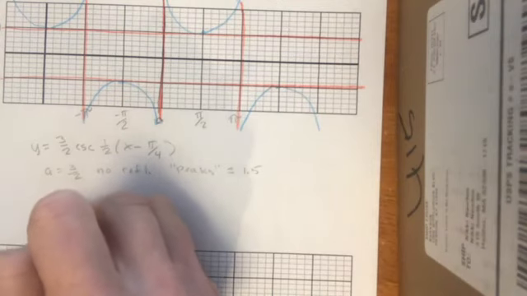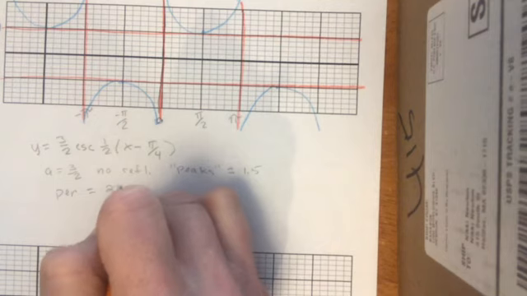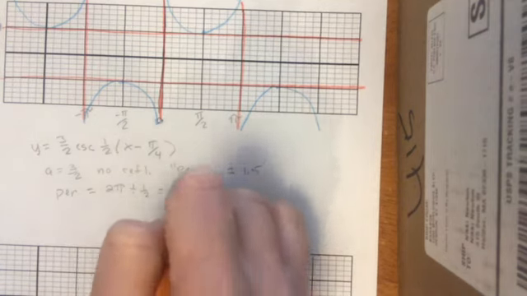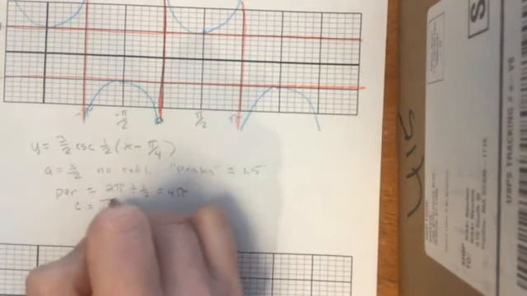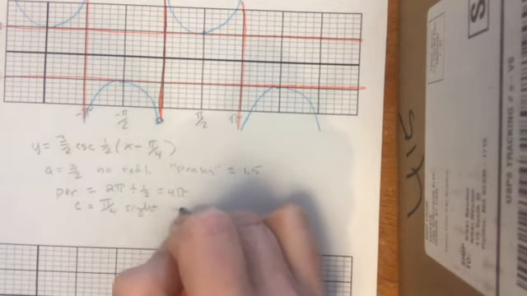The period is equal to 2 pi divided by 1/2, so 4 pi. C is positive pi over 4, so that's a shift to the right. And remember, that's an asymptote.